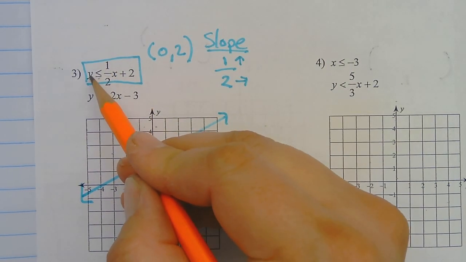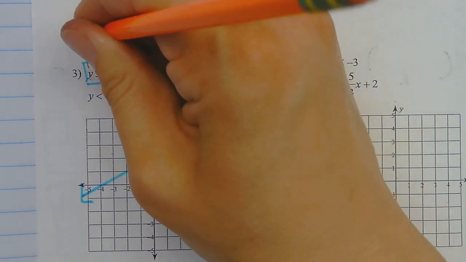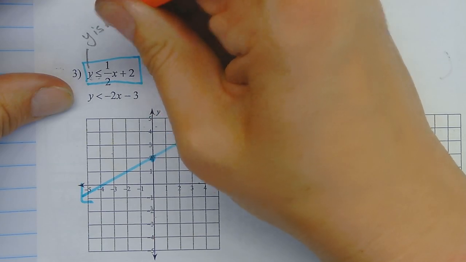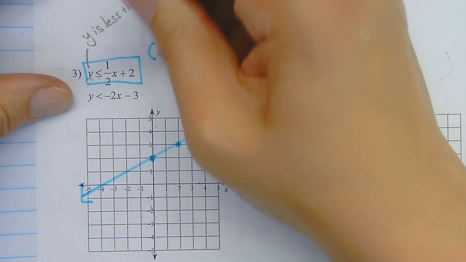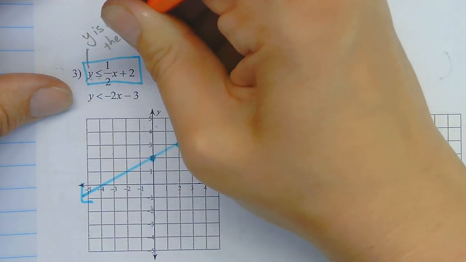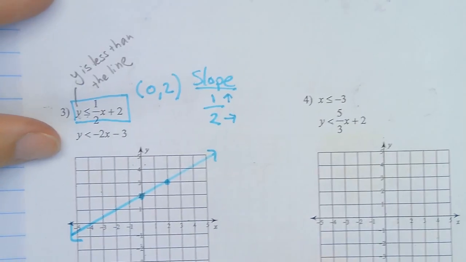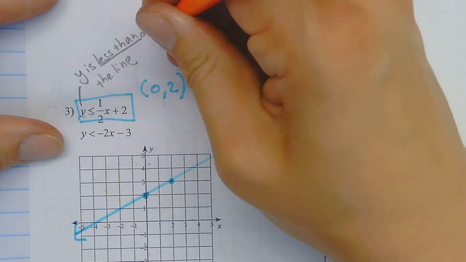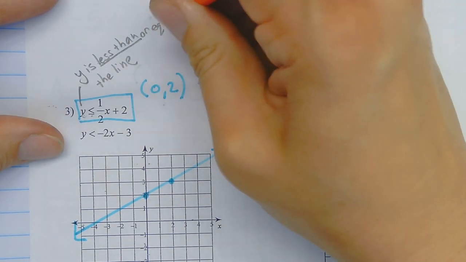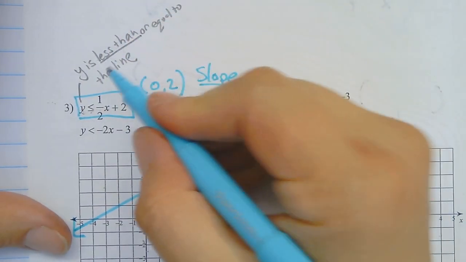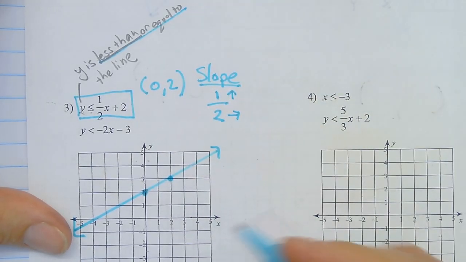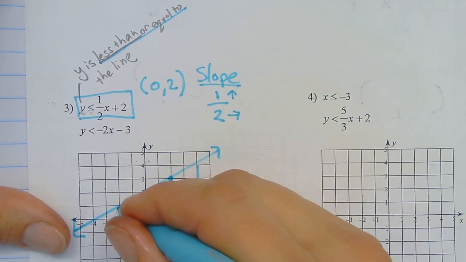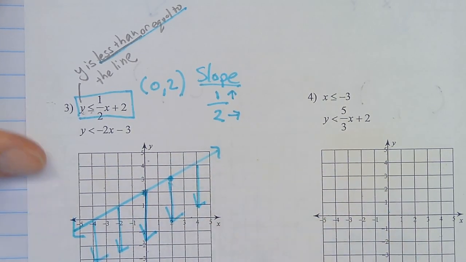So again, this equation, the words would be y is less than the line. Understanding less than or equal to, because it is less than or equal to, that means that these are going to go down. So my shading is going to go down from the line.